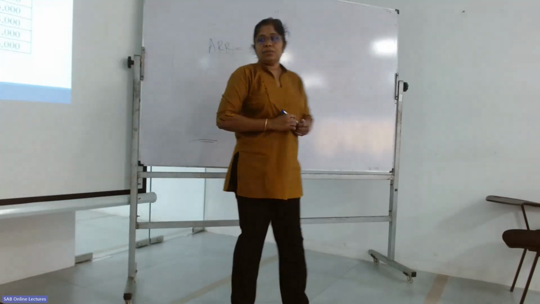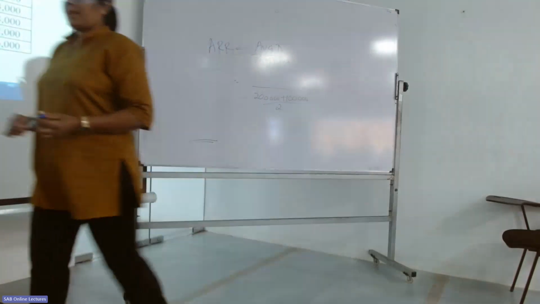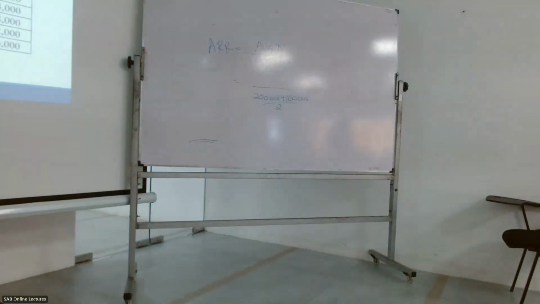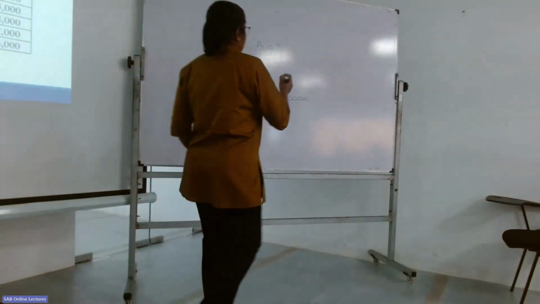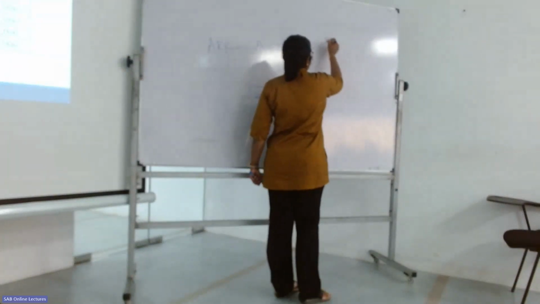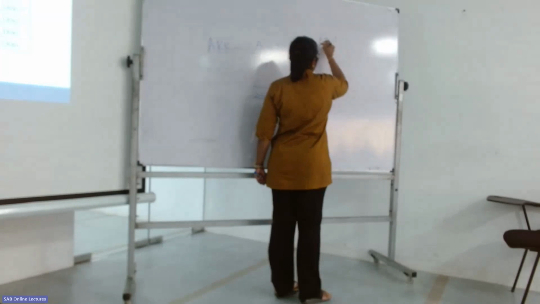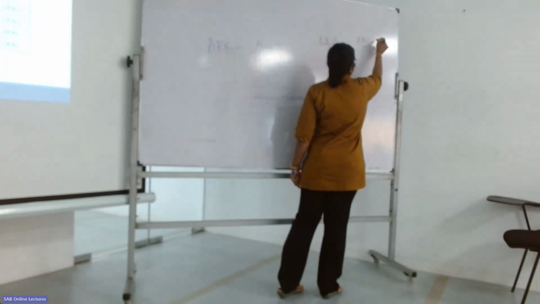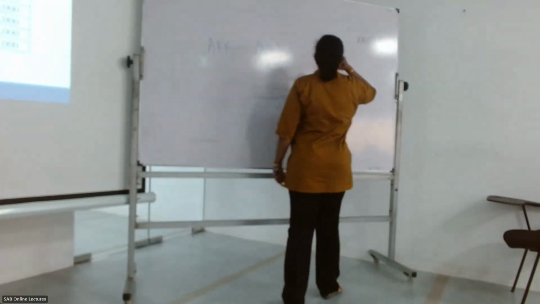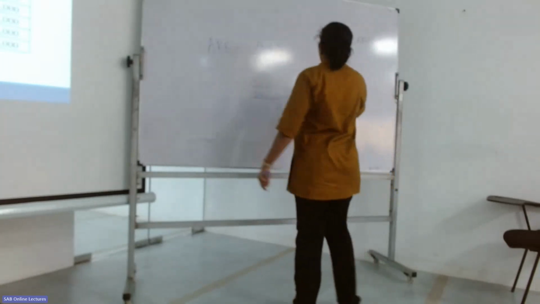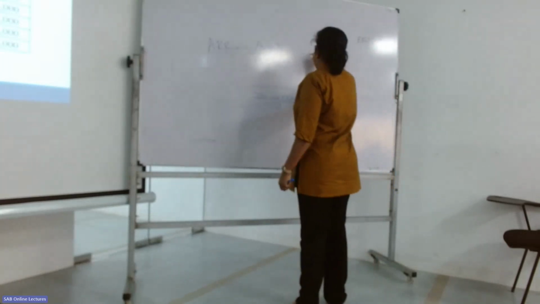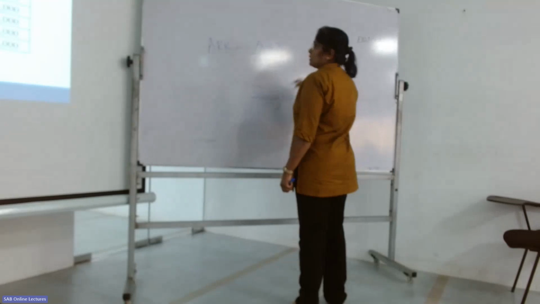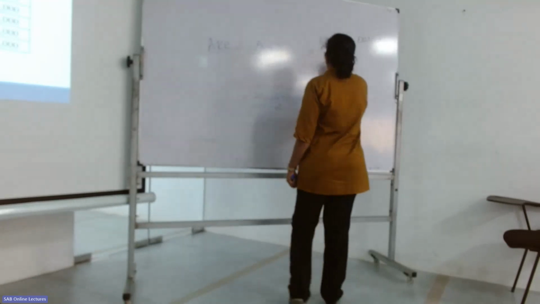So the average profit you have to calculate. EBIT for each year is given. This is on a before-tax basis, so then you have to calculate EBIT after tax for each year. In the initial year there is no EBIT. In year 1, EBIT is 40,000.